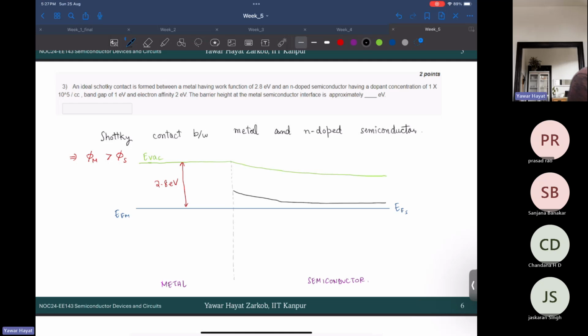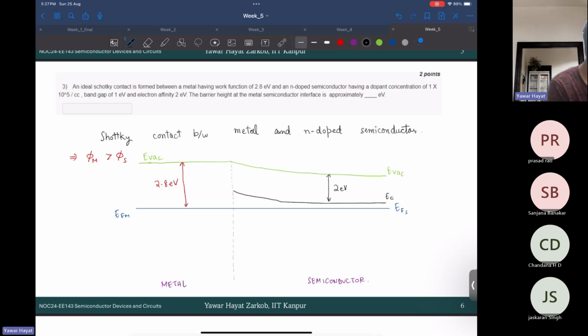This is your EC, and this is your EVAC. How much is this distance? EVAC minus EC is electron affinity. And it is given that the electron affinity for this semiconductor is 2 electron volt.